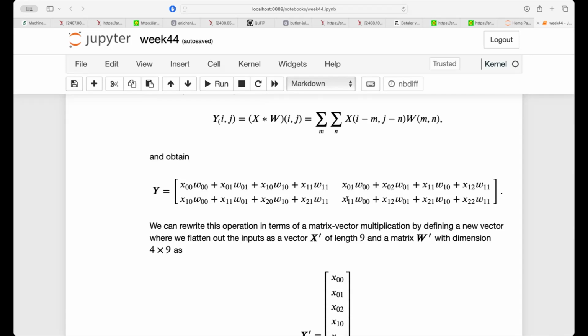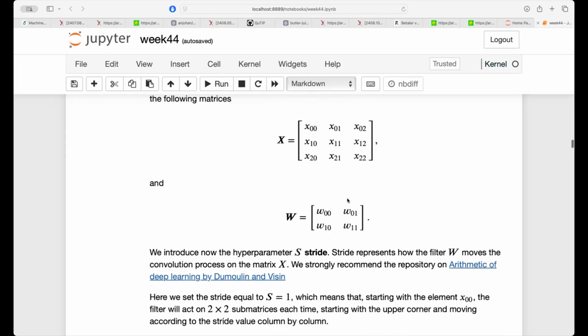This X11 is the element in the middle, so when we perform these multiplications, you see that X11 is here, whereas all the other ones are just endpoints or points on the border.